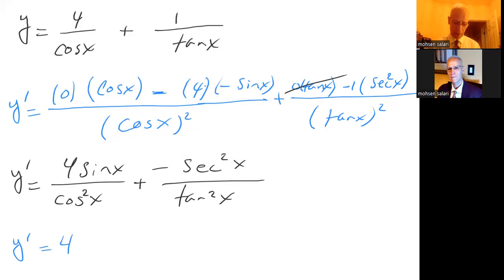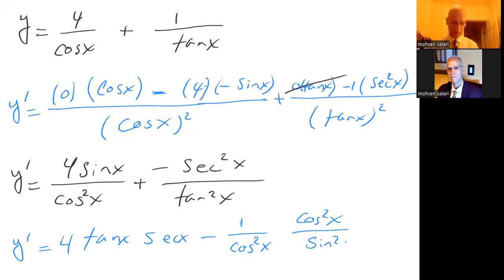In the denominator, I have cosine times cosine, so I can rewrite that as sine over cosine, which is tangent of x, and then secant of x, minus, let's see, 1 over cosine squared of x for my secant squared, and then 1 over tangent, which is cotangent, rewrite that as cosine squared of x over sine squared of x.